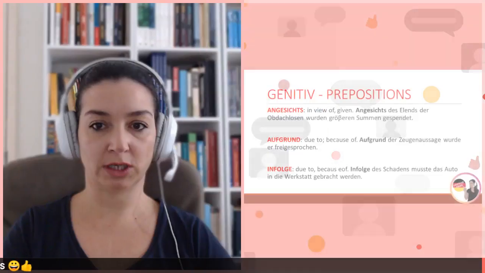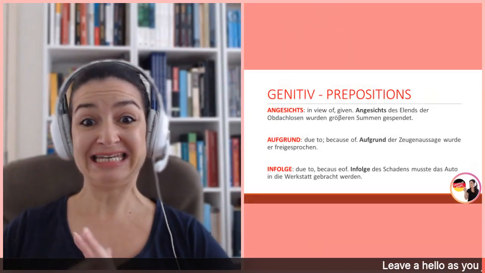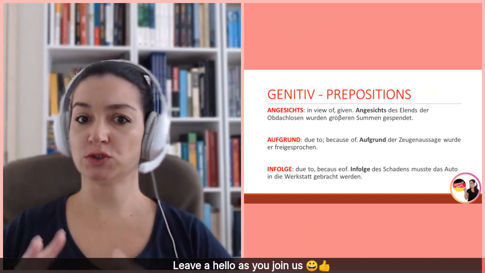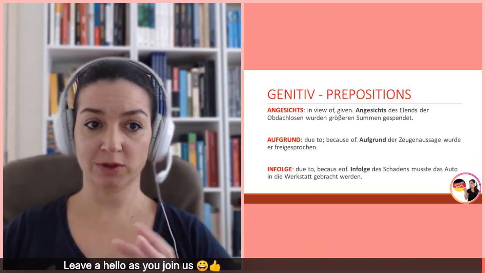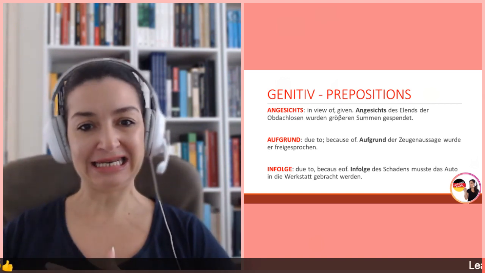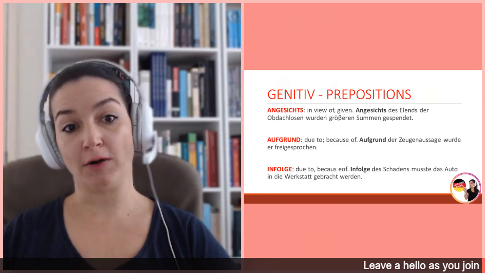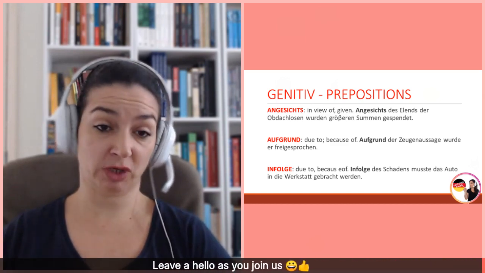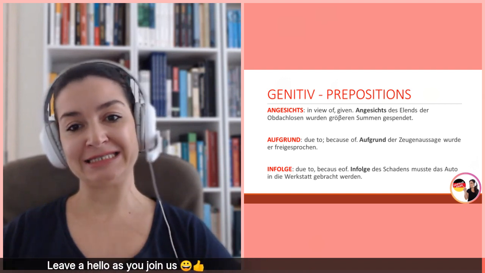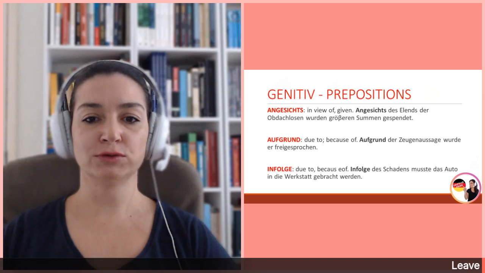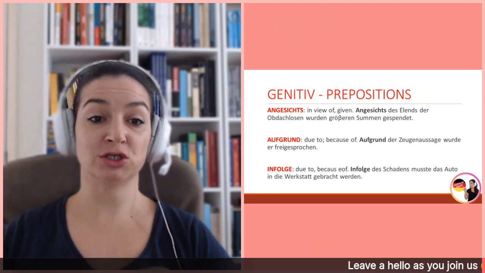Innerhalb, außerhalb, we did already. So now comes this one: angesichts. Those three we don't use so much, so if you want, you can skip this forward. Angesichts, in view of, given. Even in English, we don't use that much, right? Angesichts des Elends der Obdachlosen wurden größere Summen gespendet.